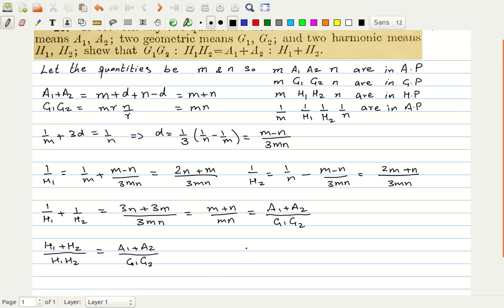So this means that, let me write it then. I bring g1 g2 to the numerator this side, so we get g1 g2 is to h1 h2. This should be equal to a1 plus a2 is to h1 plus h2, and we are done.